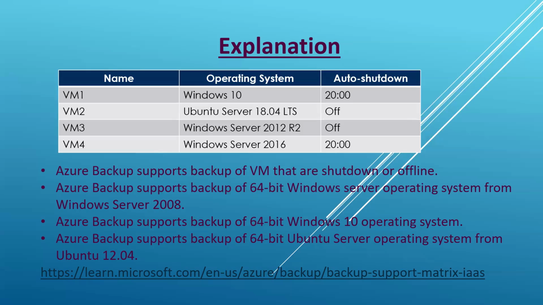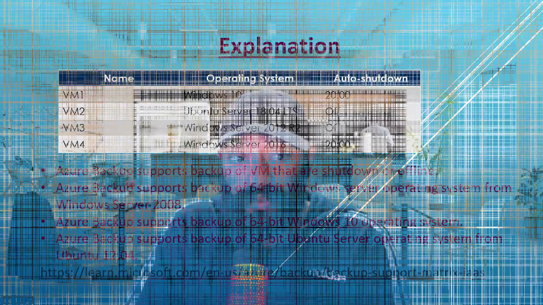So that can also be backed up, making the option which has all the VMs listed the correct answer. And there is a link on your screen at the moment, which you can refer to read more about the different metrics that are applicable when you are doing backups using Azure Backup.